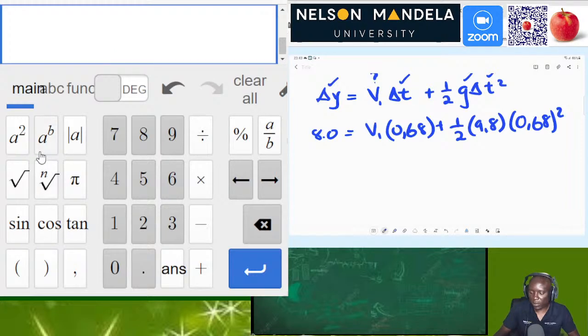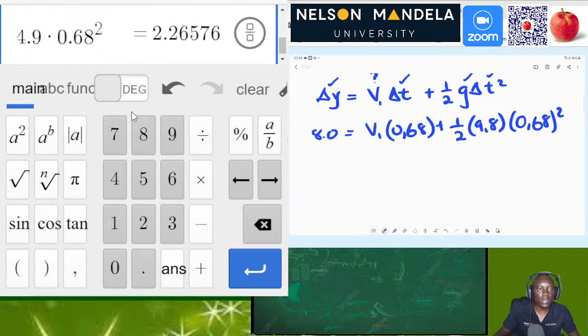Half of 9.8 is 4.9, times 0.68 squared, in brackets, and it's 8 minus all that which is in the bracket.